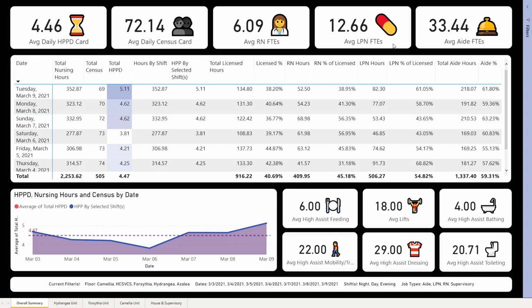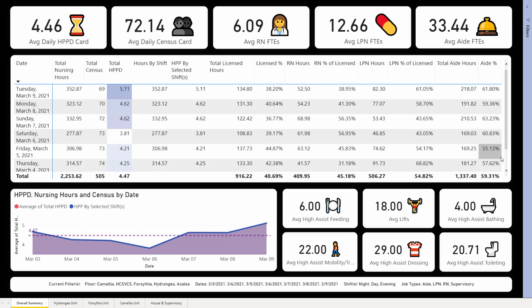As you know, some of your higher acuity levels are going to be more demanding on staff, and we've tried to actually highlight some of the most impactful events, and that would include things like two-person assists with a lot of ADLs, lifts, that sort of thing, things that are going to take more of your staff's time and therefore justify more hours per resident day. But let's go ahead and look at each of these screens right here.